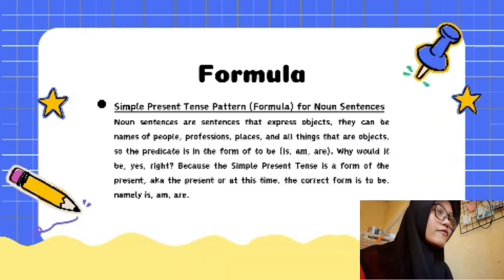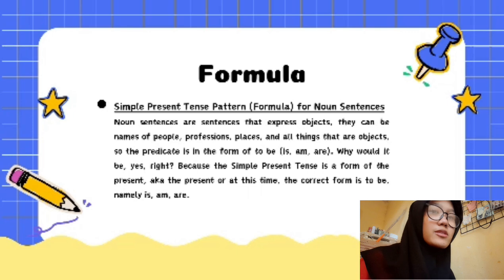Next, the simple present tense pattern formula for noun sentences. Noun sentences are sentences that express objects. They can be names of people, professions, places, and all things that are objects. So the predicate is in the form of to be, is, am, are.